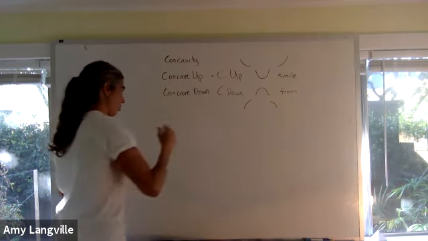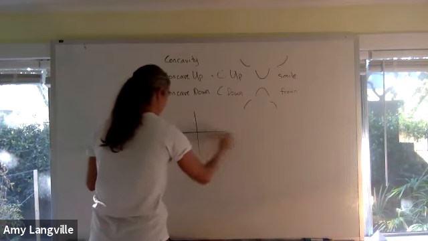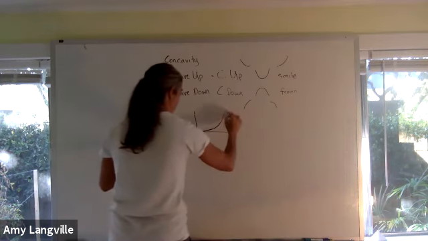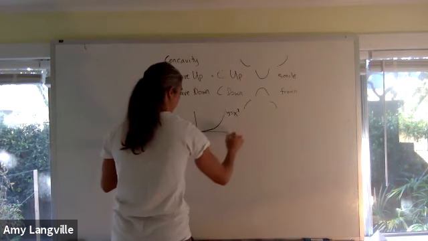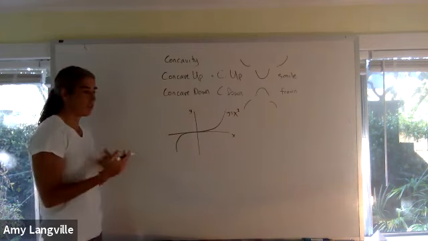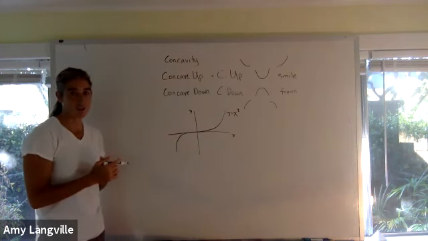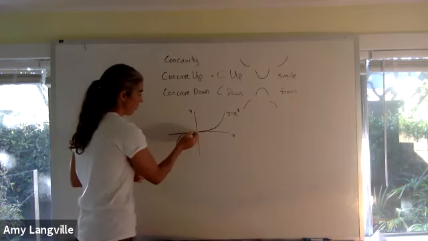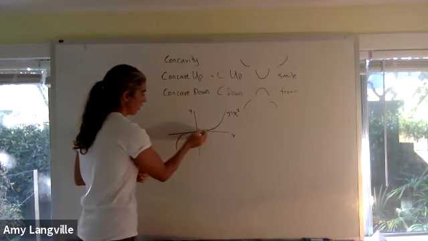So if I had a function like this classic function we talk about a good bit in this class, y equals x cubed, and I asked you, tell me the parts of this graph where it's concave up, shade them maybe. So it's concave up right here at the origin, and then on.